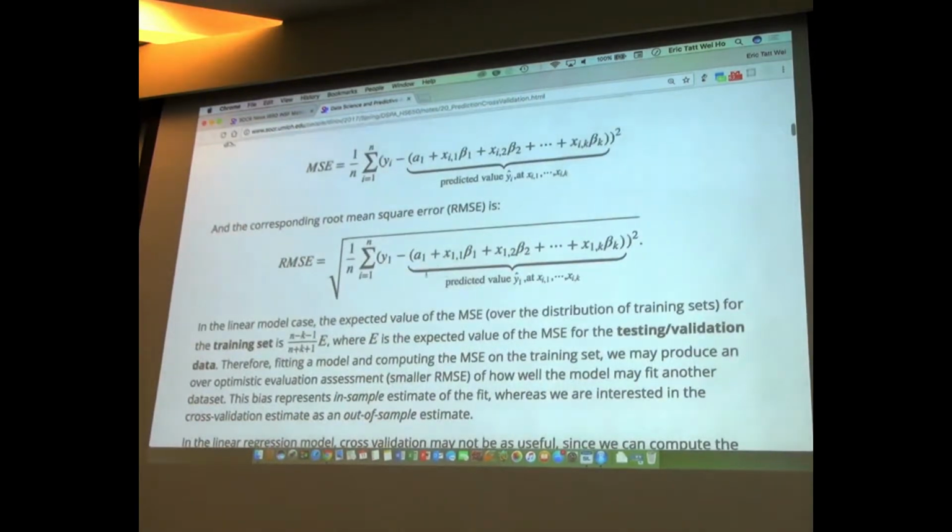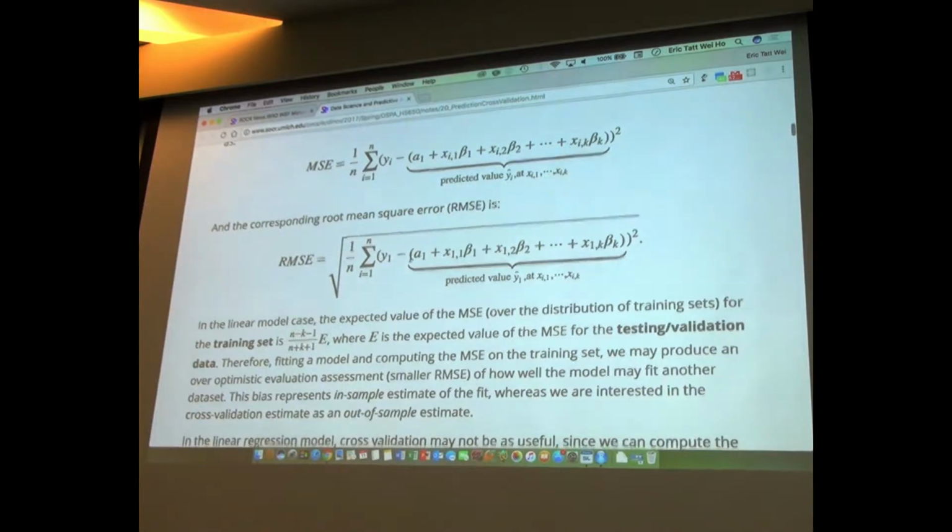The root mean square is, as it suggests, the square root of the mean deviation of the predicted versus the response.